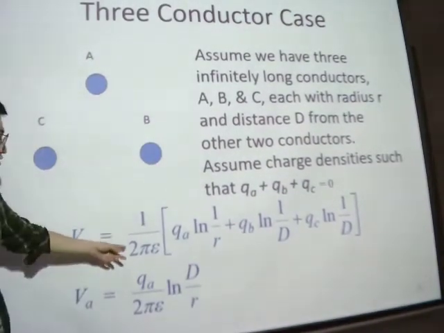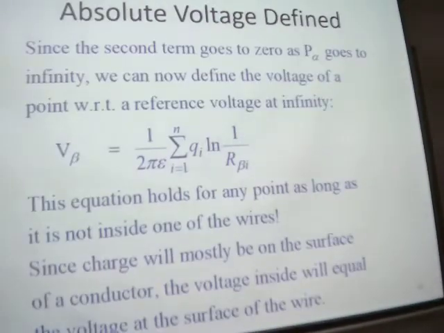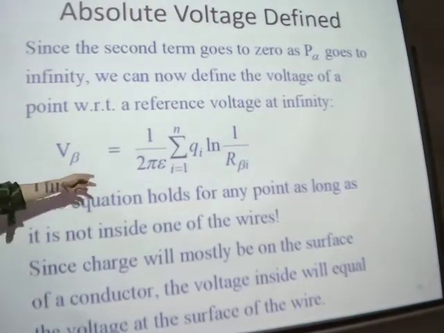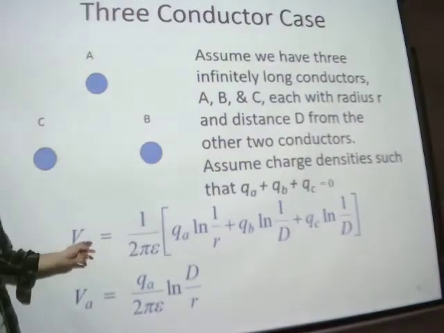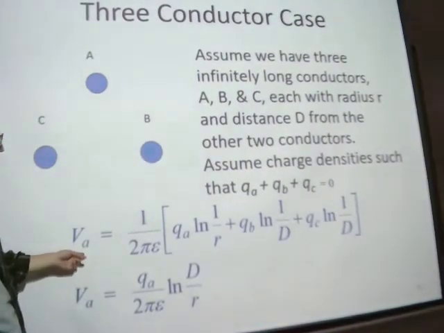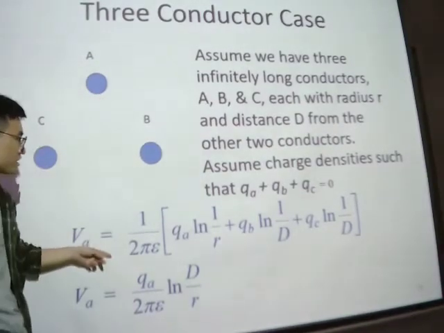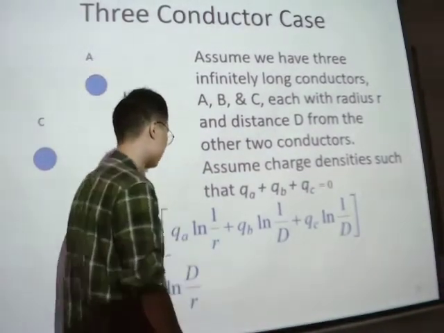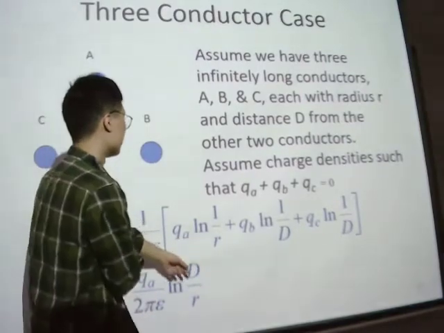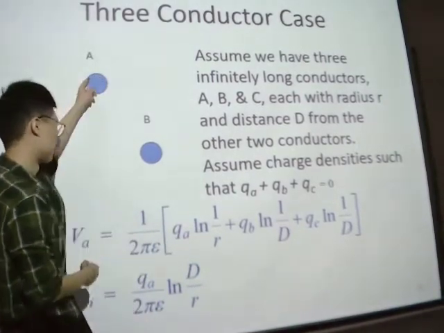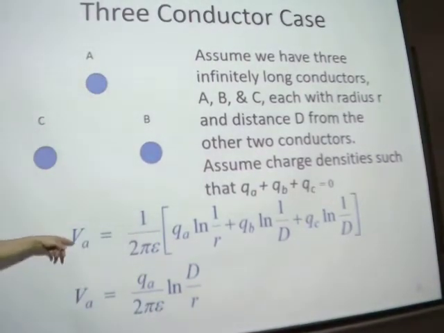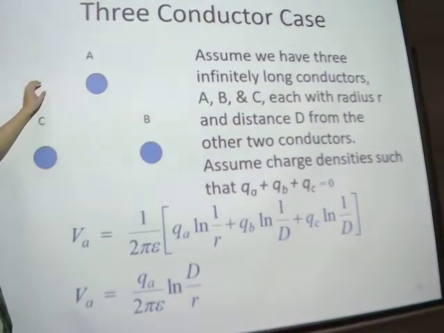So we can use our previous equation, these formulas. VA, the absolute voltage of the point at phase A, is equal to this. R is the radius from phase A. So this is the point to calculate.